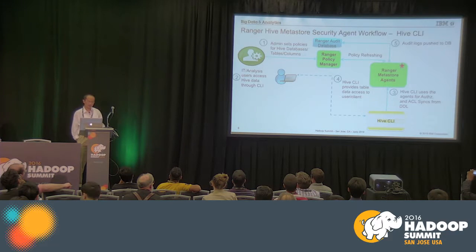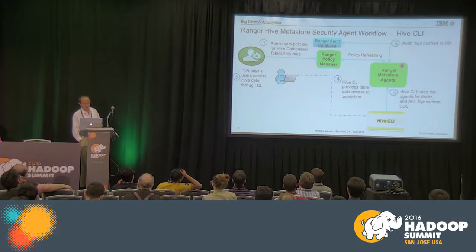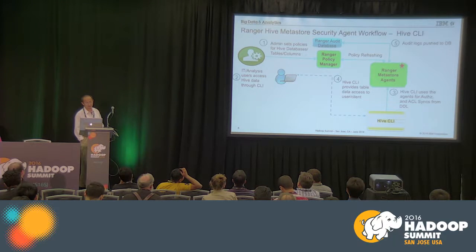Then the Hive CLI users will issue some request, say, give me some data, doing some query, right? Then the Hive CLI, in this case, will invoke the Ranger Metastore agent for the authorization and for any echo sync as a result of DDL, if that request is actually DDL.